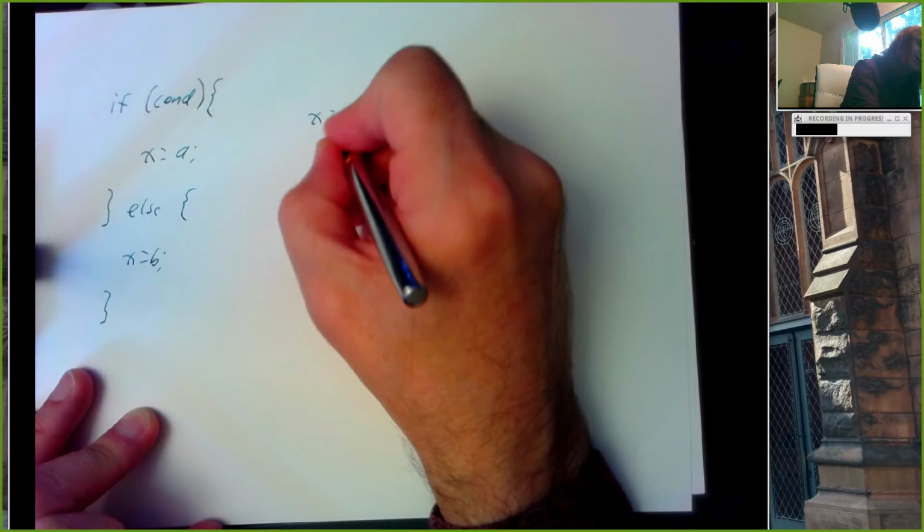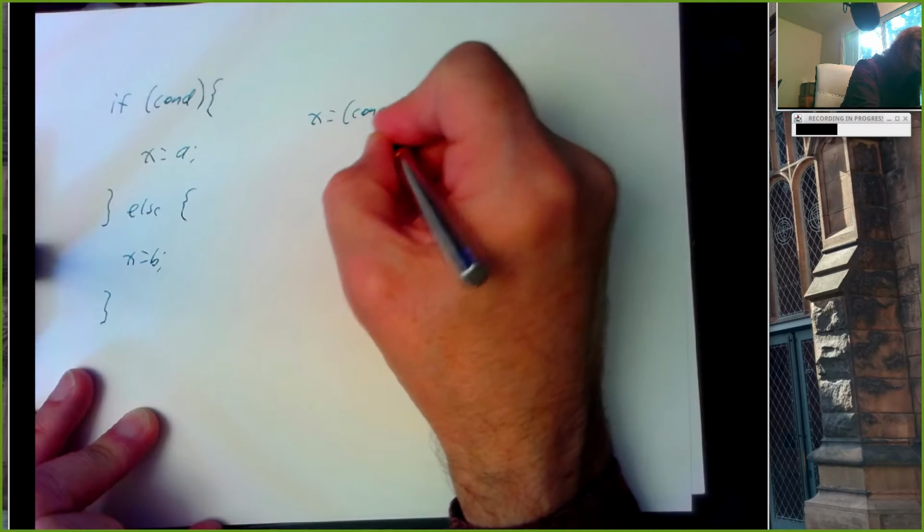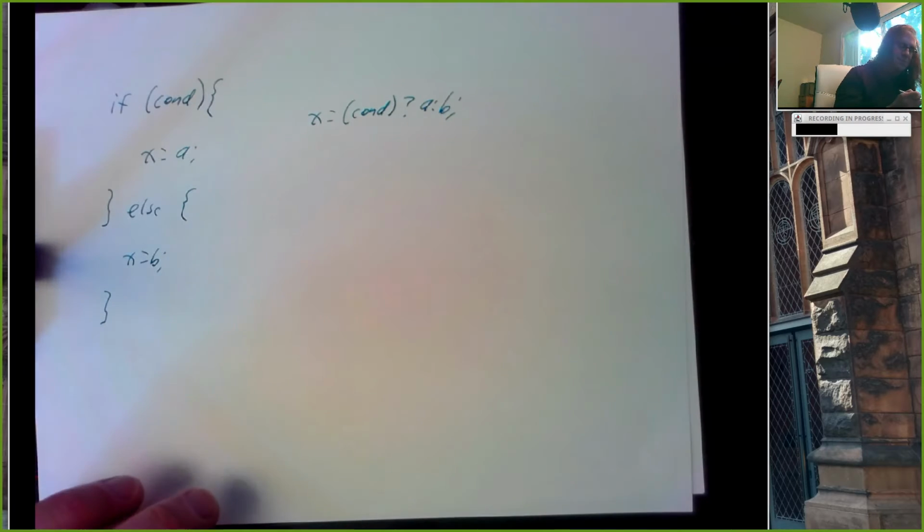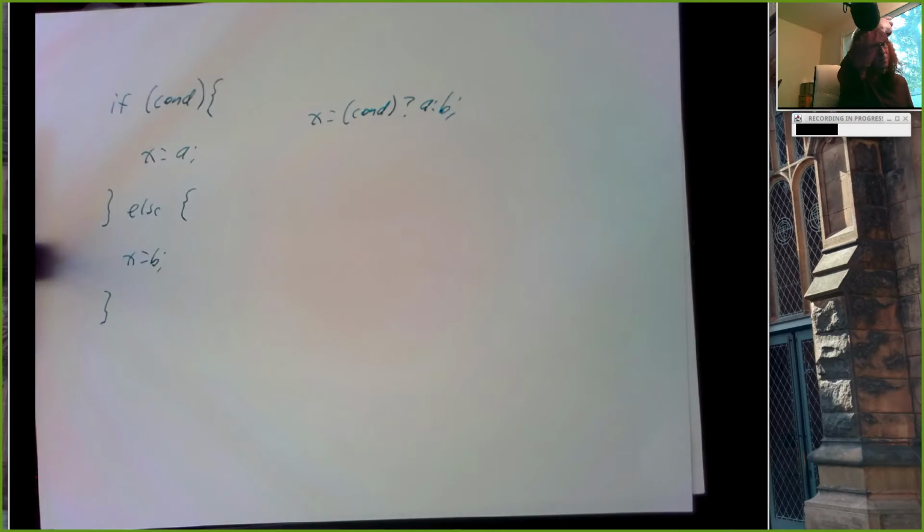So you could say x equals condition ? a : b. That's not what I was asking. I was asking, let's say you have if condition do this, else if condition do this, else do this. How would you write that in ternary form?